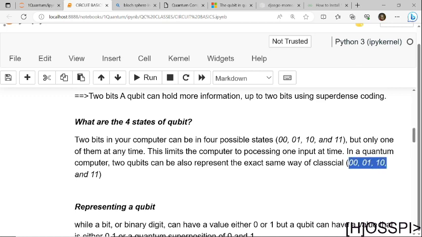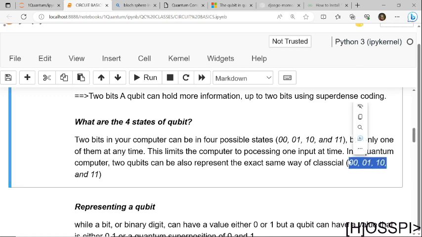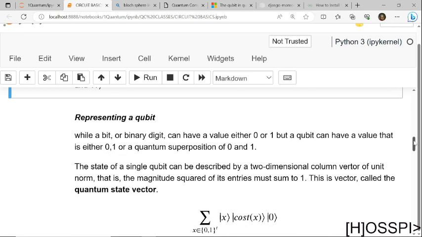I'm talking of how a qubit is represented in quantum. A bit, or binary digit, can have a value of either 0 or 1, but a qubit can have a value of either 0, 1, or a superposition of 0 and 1.